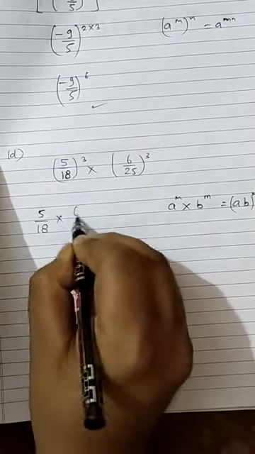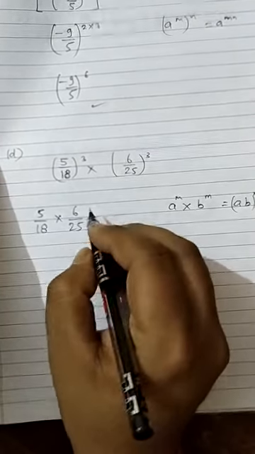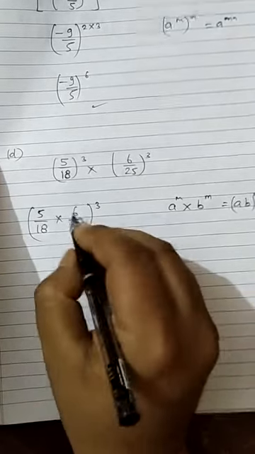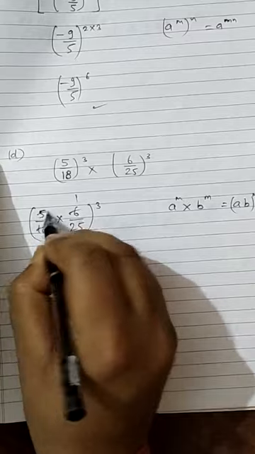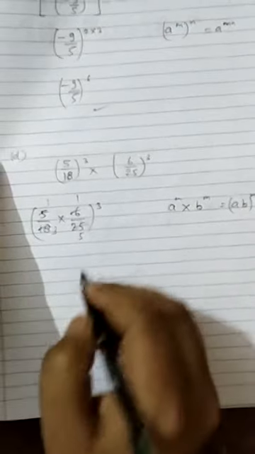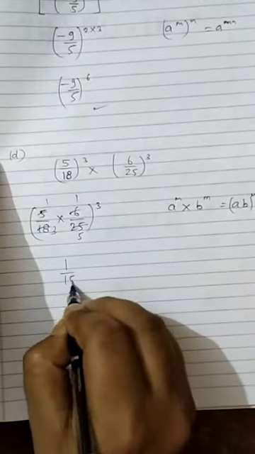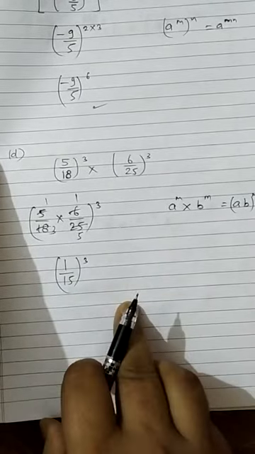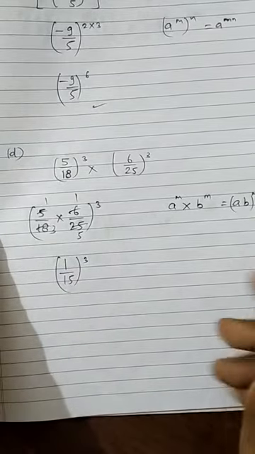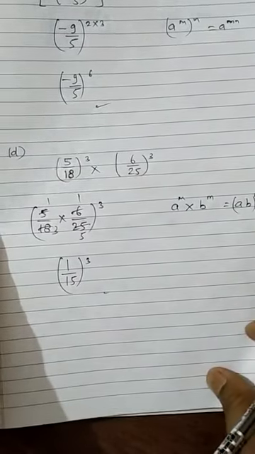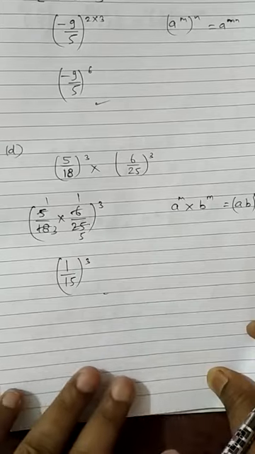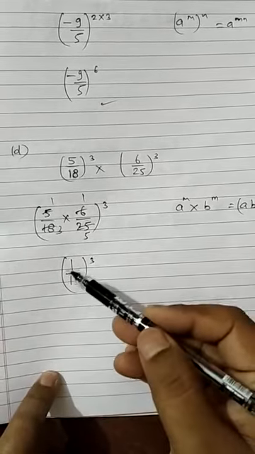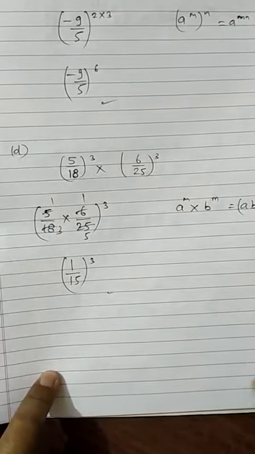Bases will be multiplied and the powers will be taken common. 1 threes are 3, 5 ones are 5 fives are 5, so 1 upon 3 fives are 15, and over that the power is 3. So this is the answer. This is called the exponential form. When the question says that you have to evaluate it, we will multiply 1 upon 15 three times to itself.